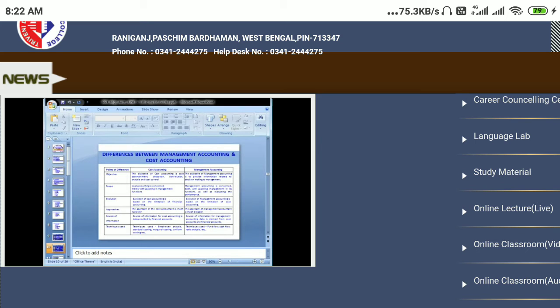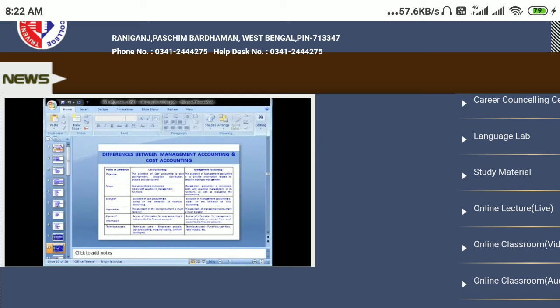The next point of difference is source of information. Source of information for cost accounting is data provided by the financial accountant. In case of management accounting, source of information data is derived from cost accountants and financial accountants. Another point of difference is technique.